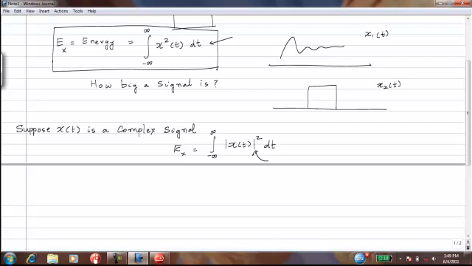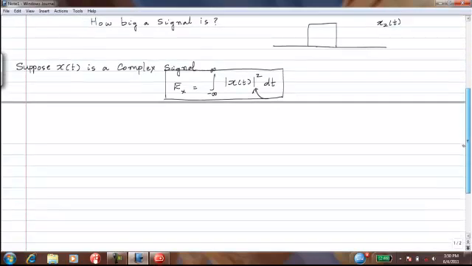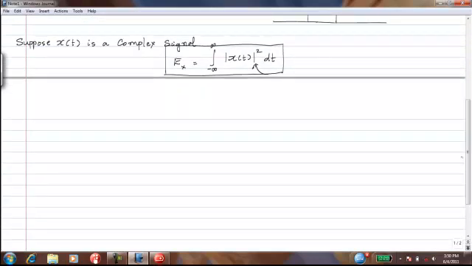When x of t is complex, if you forget the magnitude sign, x squared will be a complex quantity, and you will end up with the energy being a complex number. You know that you're making a mistake if you end up with the energy being a complex number. You can think of this as the more general definition of energy, because if x is a real signal, the square of the magnitude of x is simply the square of x itself.